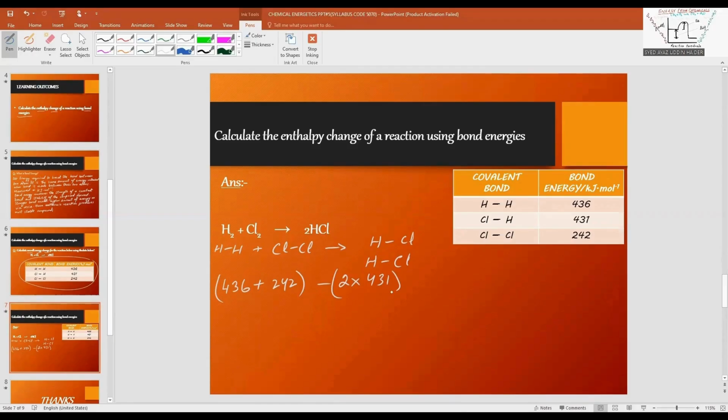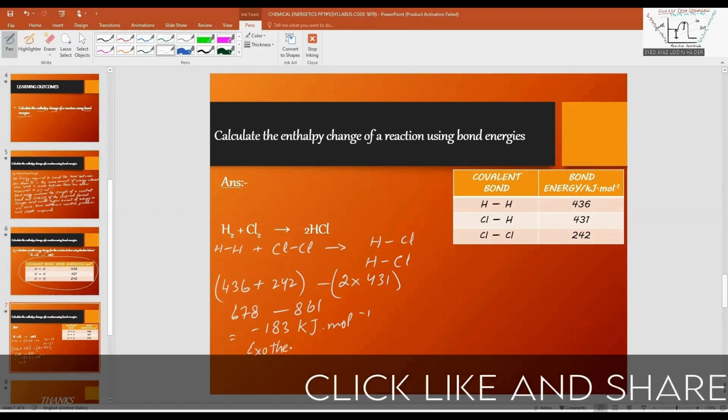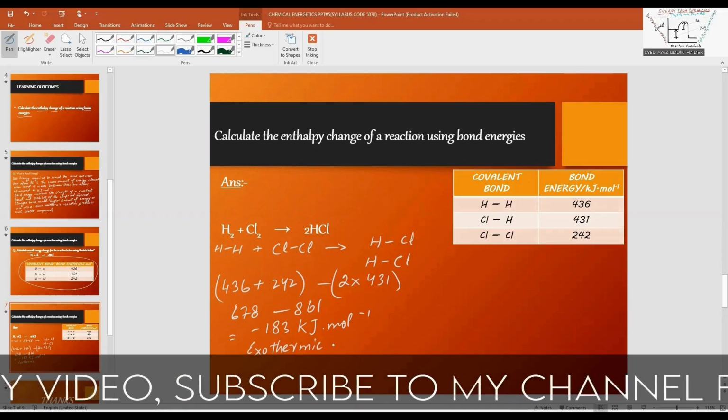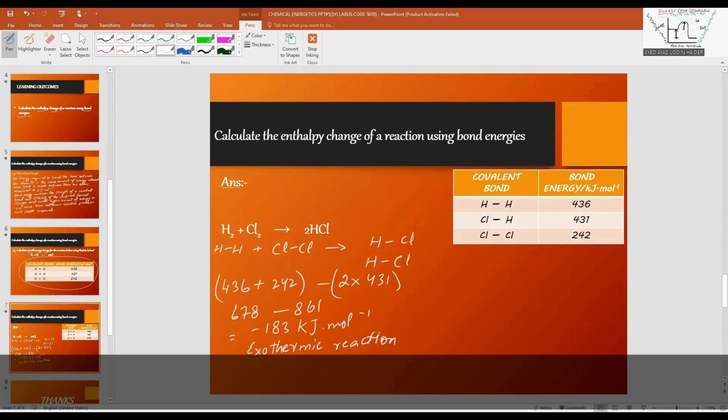So what we will get? We will get 678 minus 862. The answer will be minus 184 kilojoule per mole. You see the sign? The sign tells us that this is an exothermic reaction. This is how you are going to calculate the enthalpy change for a reaction.